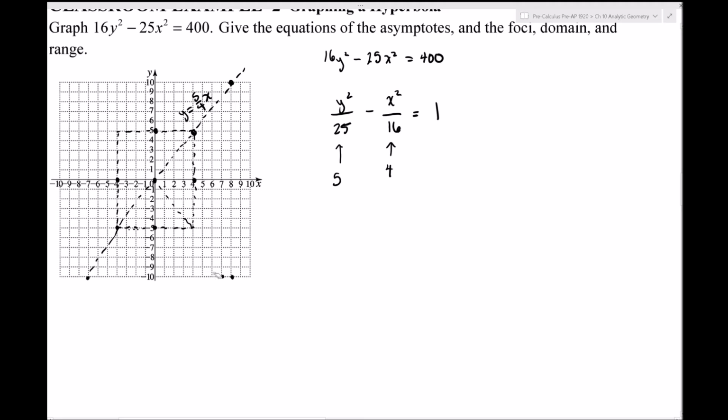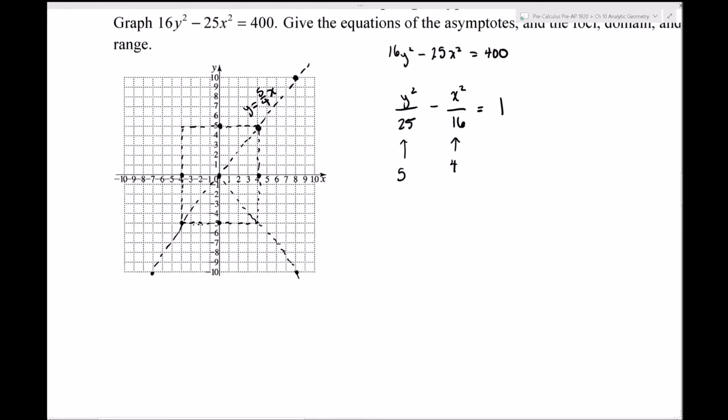So 4 is here. So 1, 2, 3, 4, and that's going to be something like this. So then up 5, and then 1, 2, 3, 4 here. And that's the other asymptote. And the equation of that asymptote is y equals negative 5 over 4 x. It's the same slope except negative. And those are my two asymptotes.